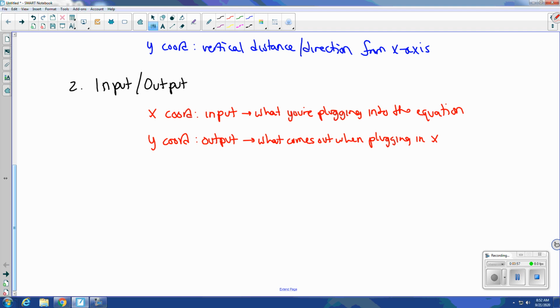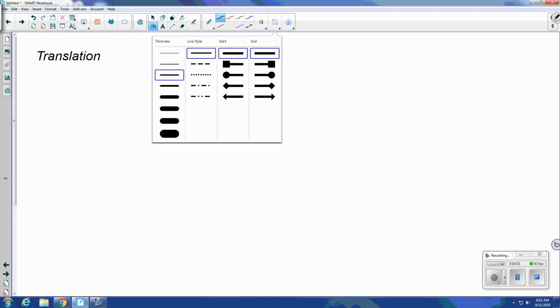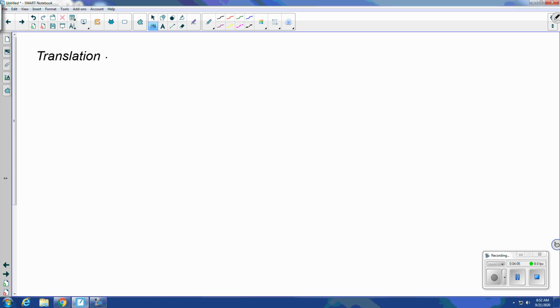Okay. So now let's jump into the actual transformations. The first one is a translation. A translation is a shift or a slide. And we have two types. We can move horizontally or vertically. So we'll break that down into those two categories.